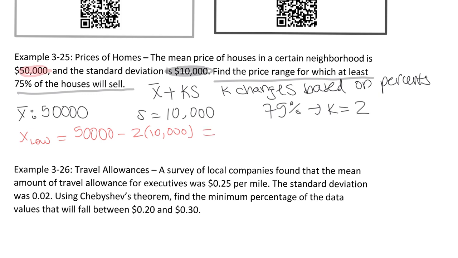So that's 50,000 minus 2 times 10,000, which is 30,000. And that's going to give me that low value. To find the high value, I'm going to do the same thing, except I'm going to add instead of subtract.